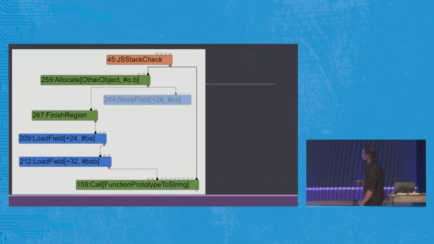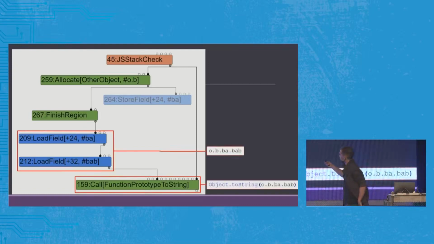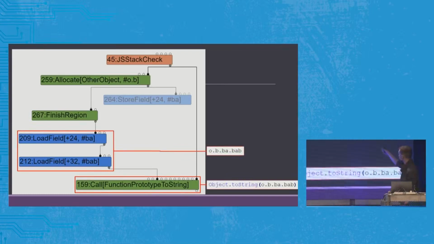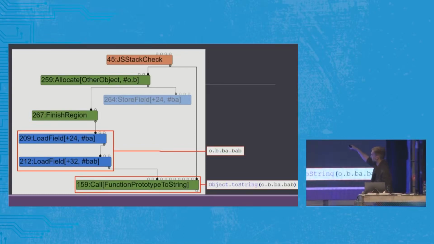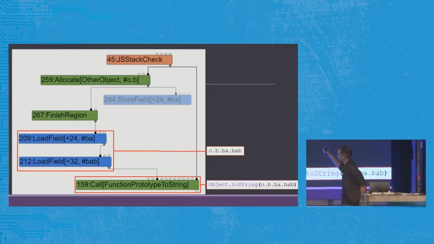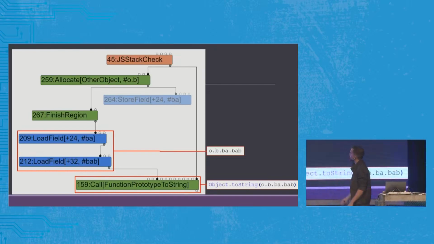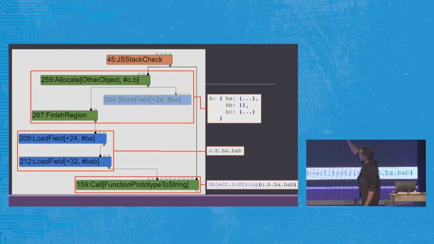But if you go a little further into the optimization pipeline, this is after the escape analysis optimization phase. You still have this object.toString call. You still have the object fields being loaded correctly. But if you look up there at the allocation and initialization of the object, for some reason cell 264, which is supposed to initialize one of the fields of that object, is grayed out.